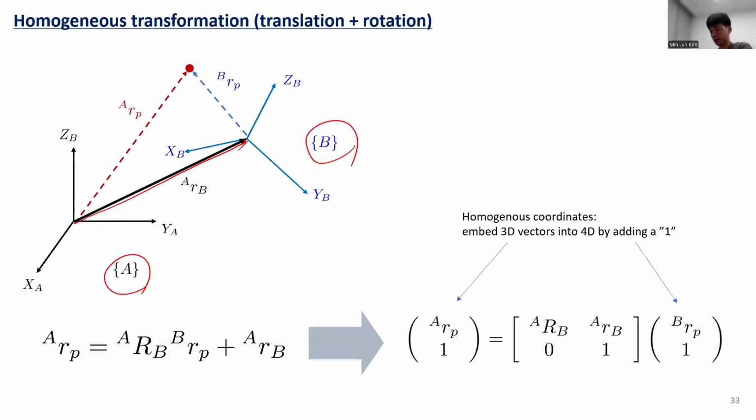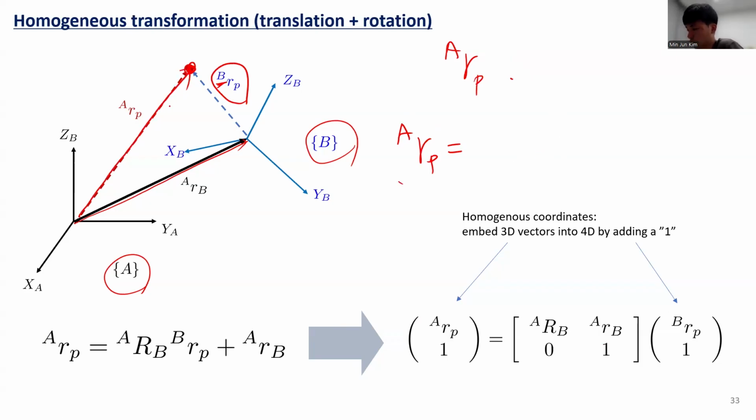And then we apply the same thing. There's a point in the space, and then we have vector BRP, which means a vector pointing to P with respect to frame B. Okay. And then what is the vector pointing to P with respect to frame A? That is actually a vector pointing to P. So basically that's this vector.